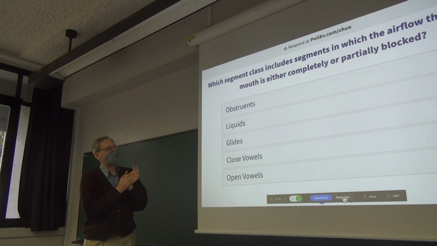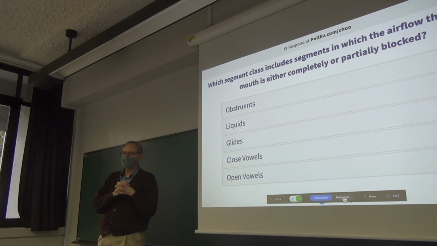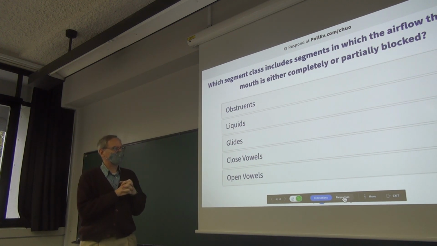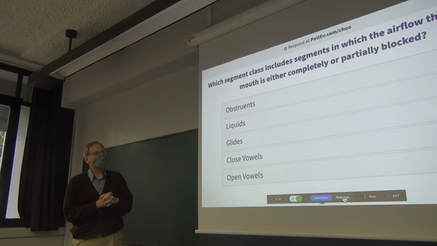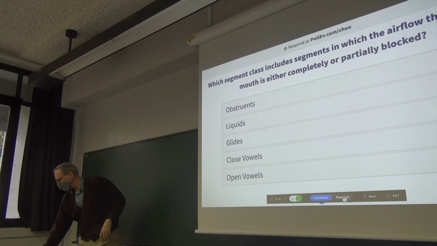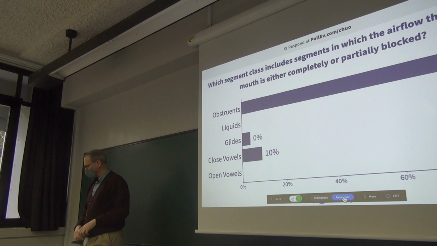Which segment class includes segments in which the airflow through the mouth is either completely or partially blocked? Is that obstruents, liquids, glides, closed vowels, open vowels? That would be obstruents, right? It obstructs the airflow through the mouth.